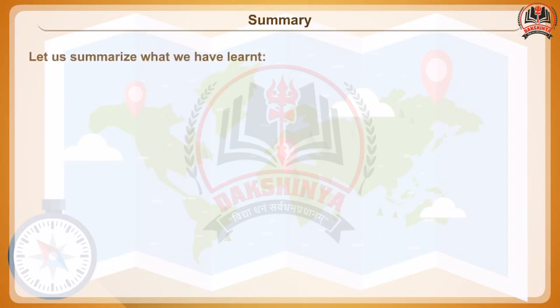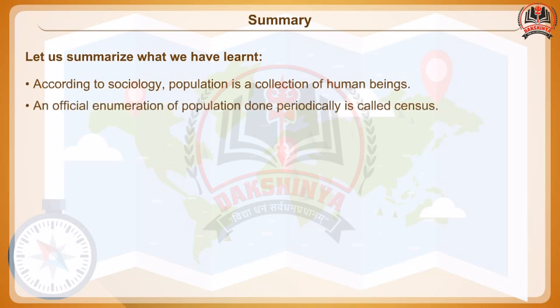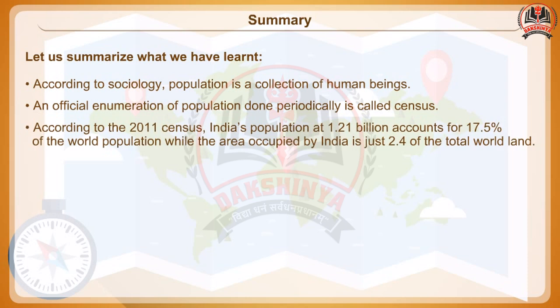Summary. Let us summarize what we have learned. According to sociology, population is a collection of human beings. An official enumeration of population done periodically is called census. According to the 2011 census, India's population at 1.21 billion accounts for 17.5% of the world population, while the area occupied by India is just 2.4% of the total world land.